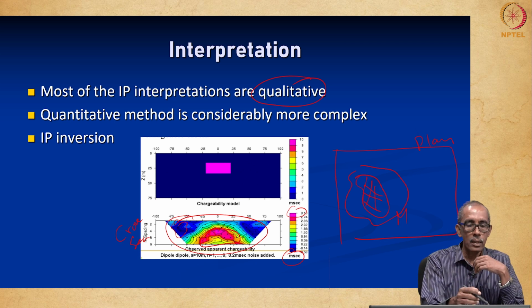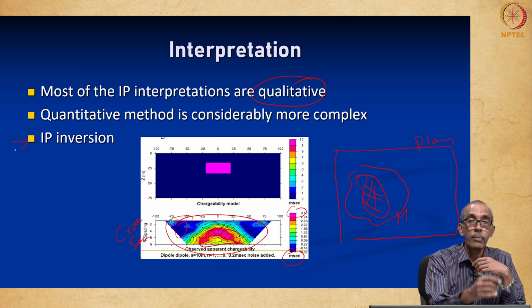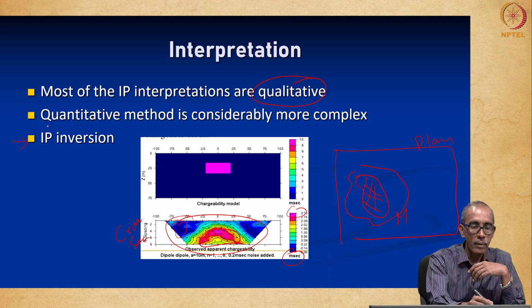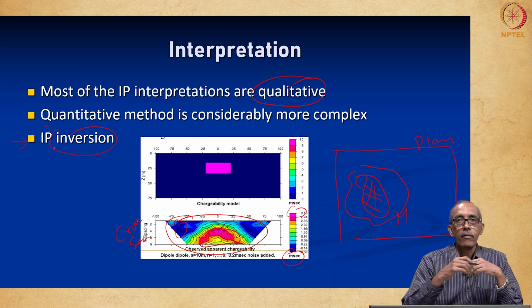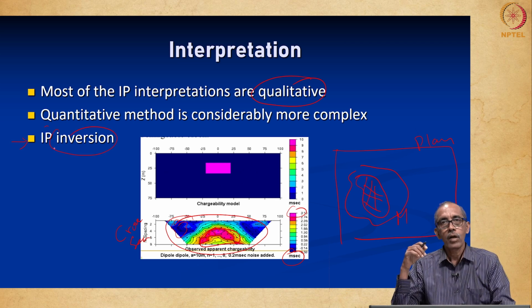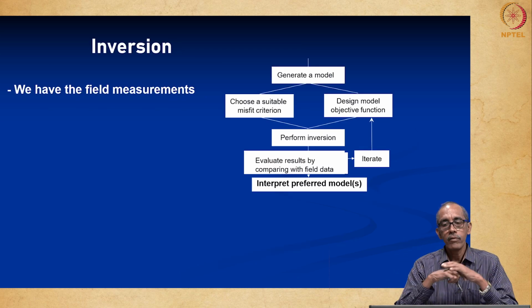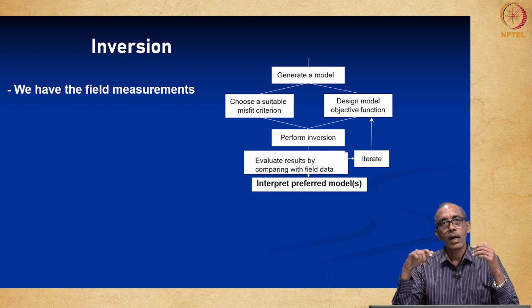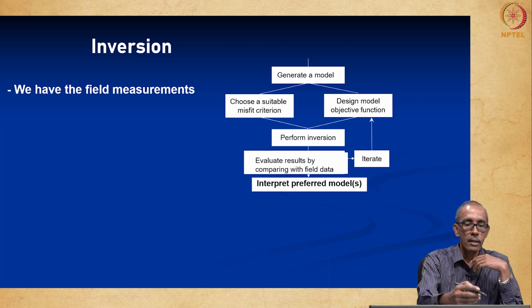The other method of interpretation, as we have been seeing in the beginning, even in the self-potential method and the resistivity method, is inversion. We can also carry on with the interpretation by the IP inversion method. So, what is the inversion method? In the inversion method, we have some data from the field.